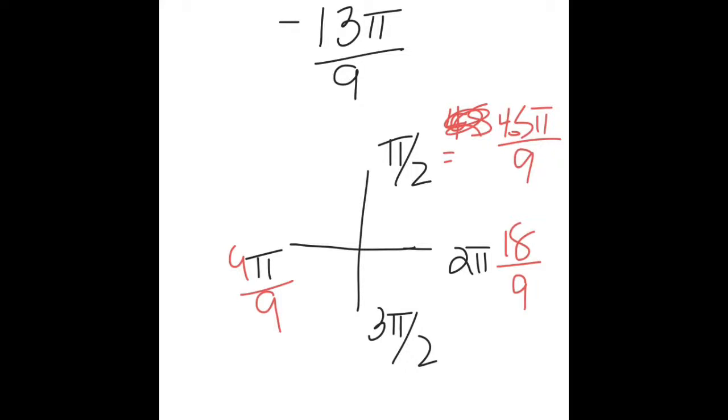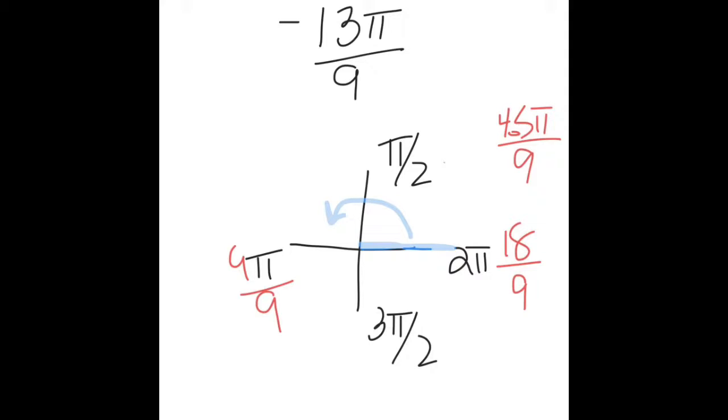Now, the thing that's different about this is it's given a negative measurement. So that means that instead of my angle starting here and rotating this way, because that's the way our circle rotation goes, we go counterclockwise in the way that the quadrants go, 1, 2, 3, 4, right?